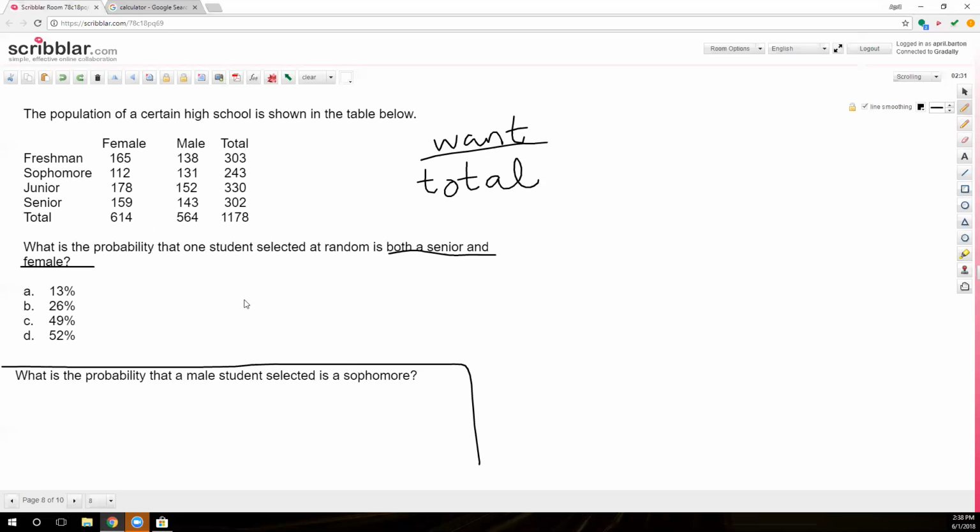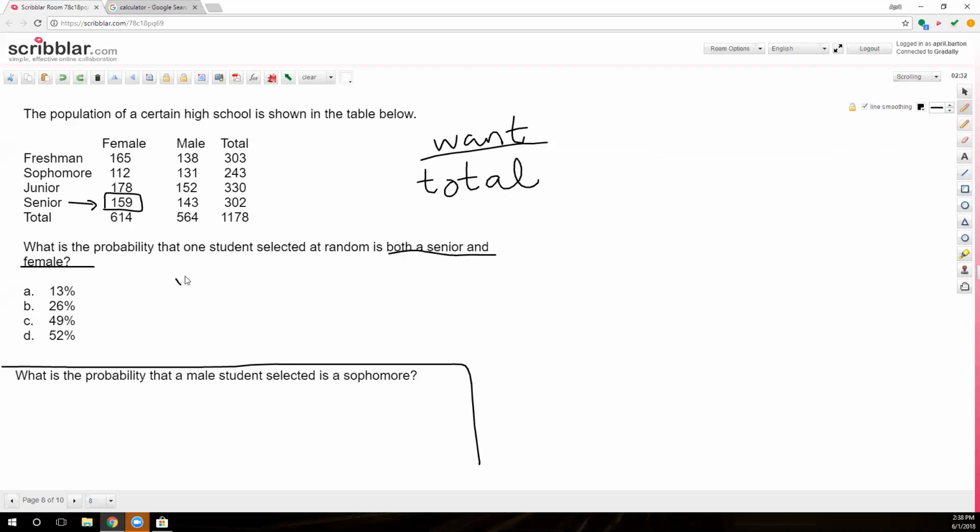So what is the probability that one student selected at random is both a senior and a female? And then I asked a second question down below. We're going to ignore that for now. So what number is representative of senior and female? Good. Yep, you guys are both correct. 159 is both senior and in the female column. So that's what we wanted.